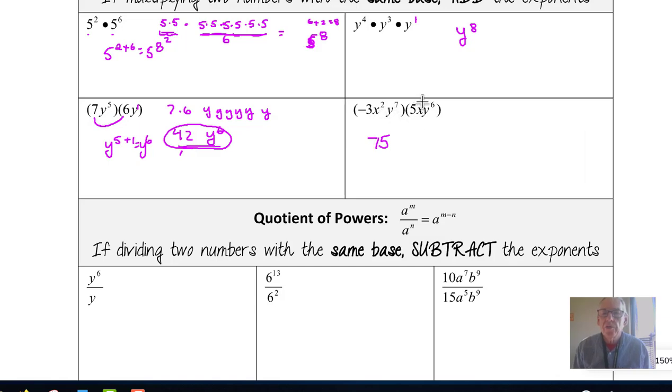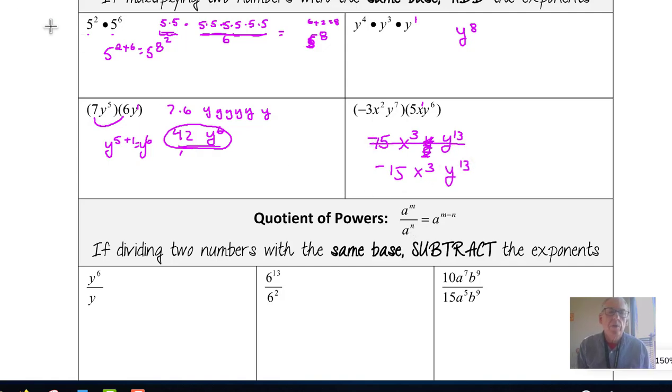We've got 2 x's with another x. That makes 3 x's. And the y's go together. We have 7 y's and another 6 y's. That gives us y to the 13th. So we get negative 15, x to the 3rd, y to the 13th as our final answer for that one.